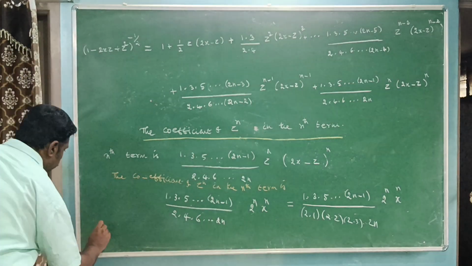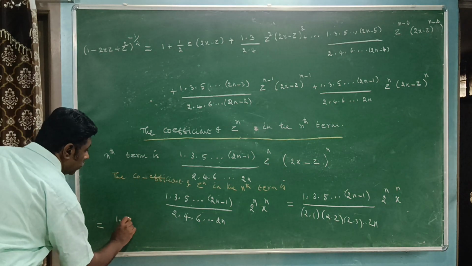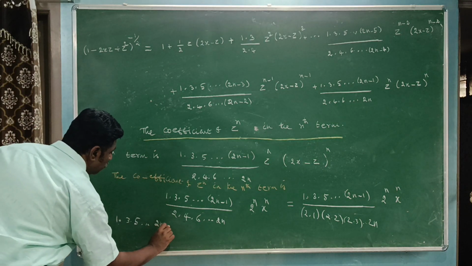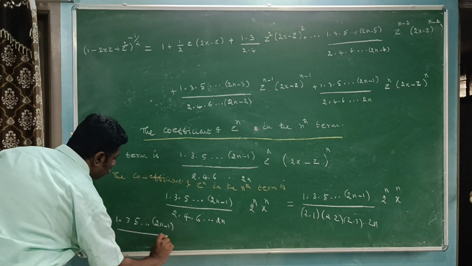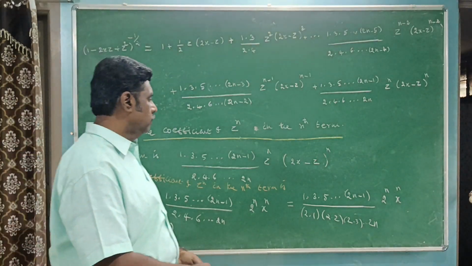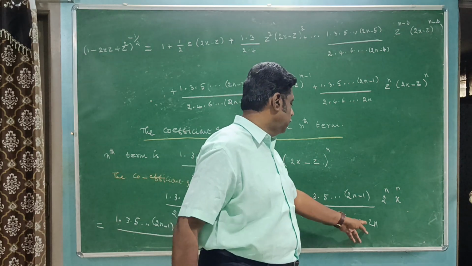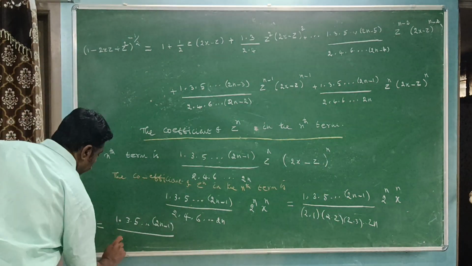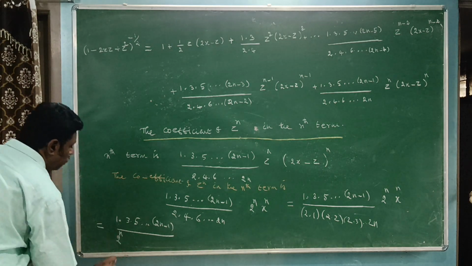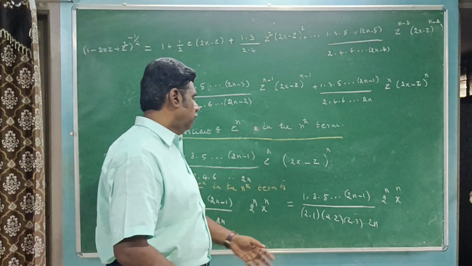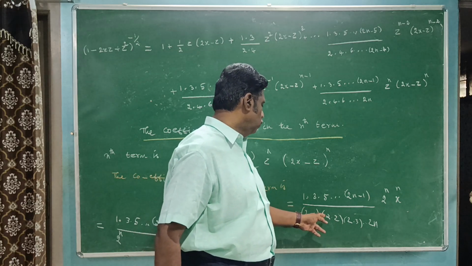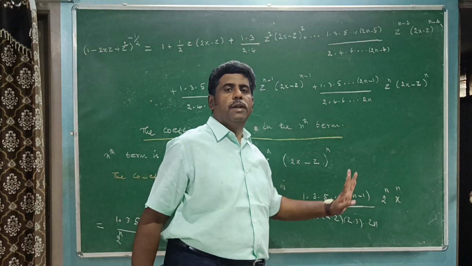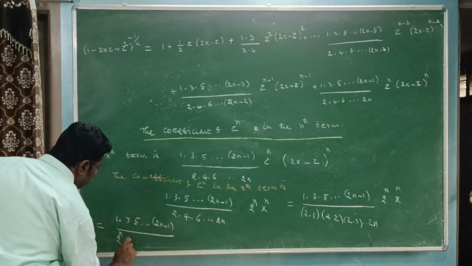This is equal to 1.3.5 up to 2n minus 1 whole divided by, see that this 2 is present 2 power n, n times. If you take the 2 power n times, we can get the rest of the terms 1 dot 2 dot 3 dot up to n. So that is n factorial.